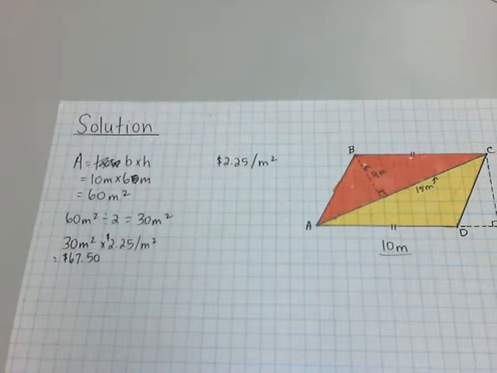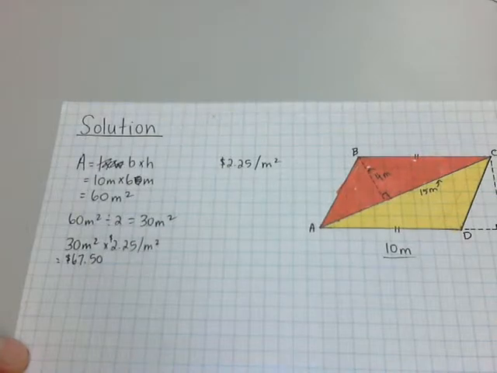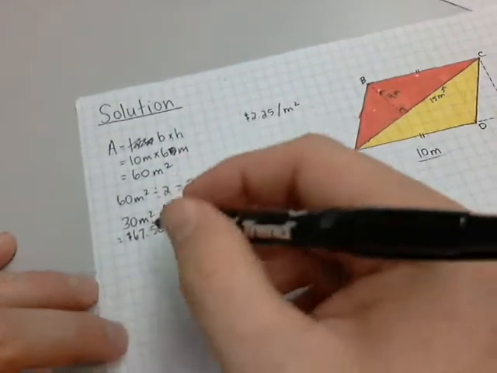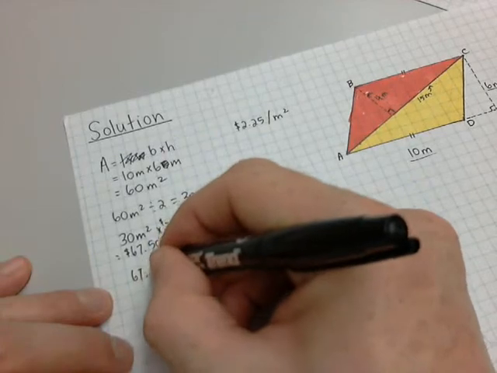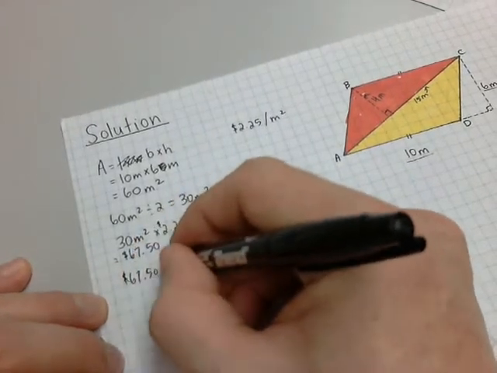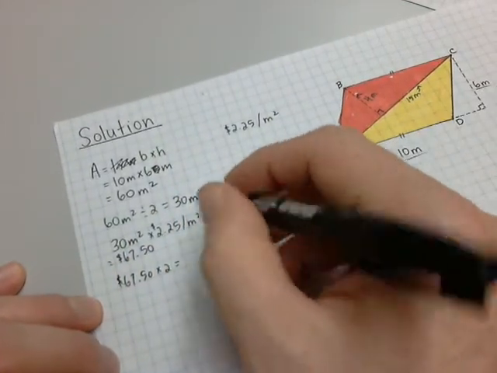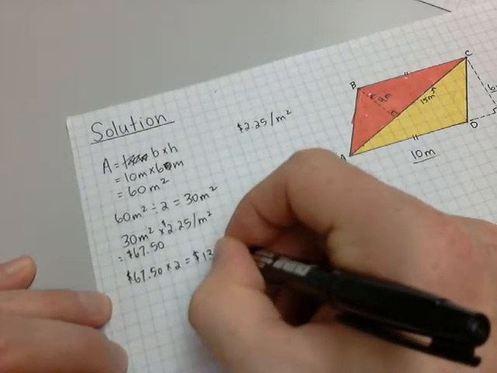And again, if you want to know the total cost of sealing the deck, you can use 67.5 times 2, which gives you a grand total of $135.